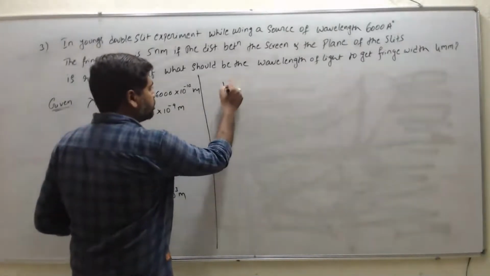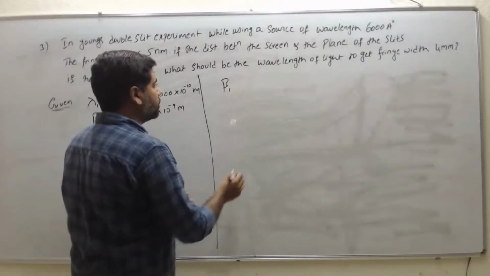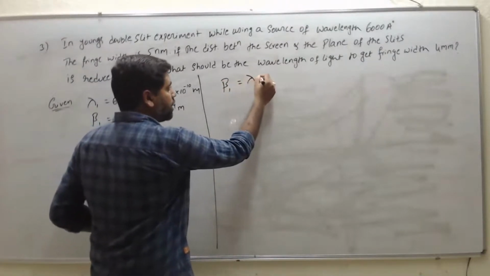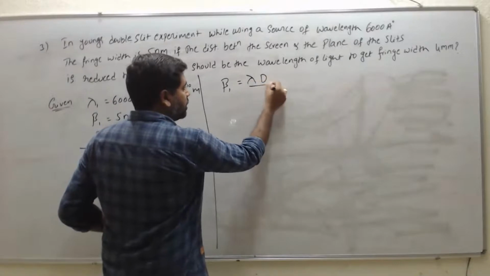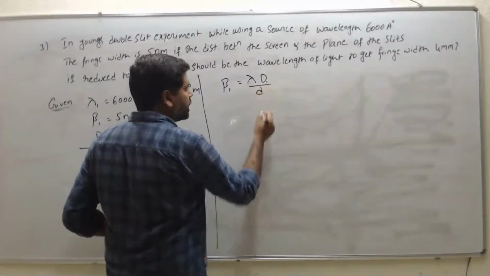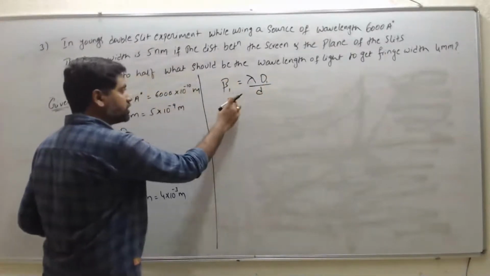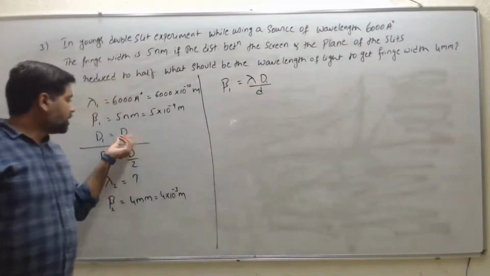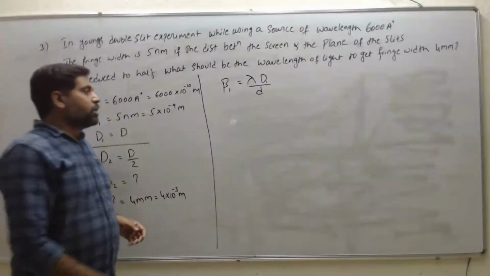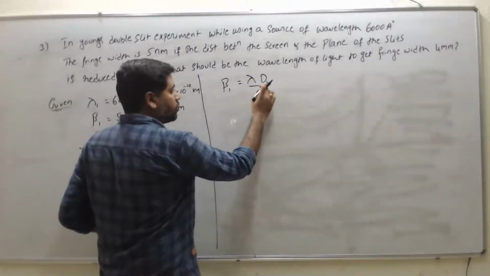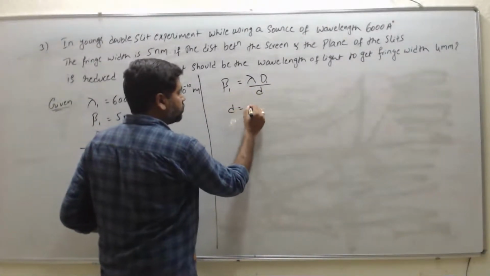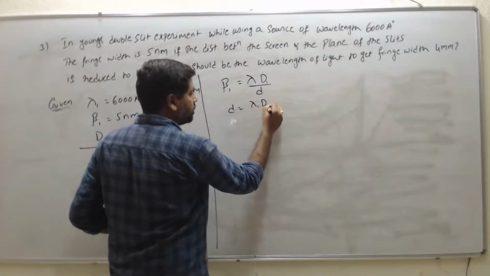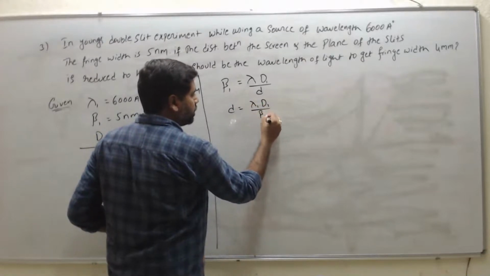So in the first case, the fringe width beta 1 equals lambda 1 D1 divided by d. Here we know beta 1, lambda 1 and D1, which we have taken in terms of D. So we have to find small d. Then small d equals lambda 1 D1 divided by beta 1.